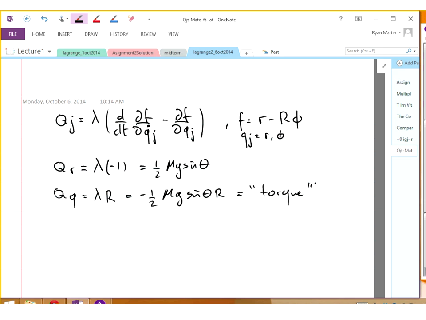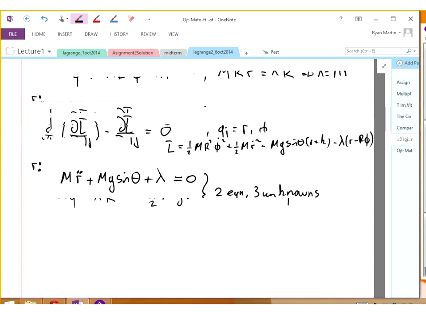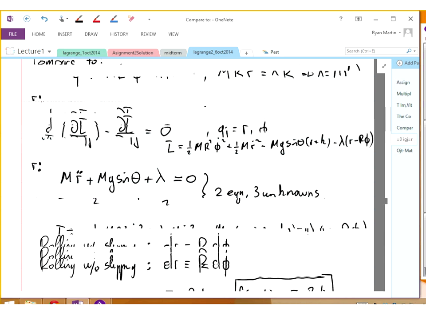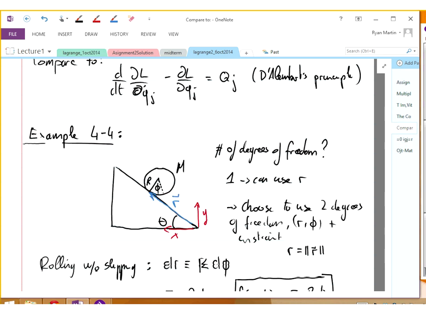Okay? So I think I'll leave it there because the next problem is, again, the same thing but much longer. What we just did here, we examined a hoop rolling down an inclined plane, and we used 2 degrees of freedom instead of 1.